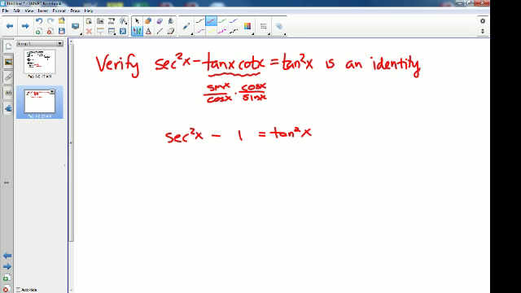If you get to this point and you have 1 over cosine squared and sine squared over cosine squared, let's do that. This is what a lot of people will do. What would your next thought be here?